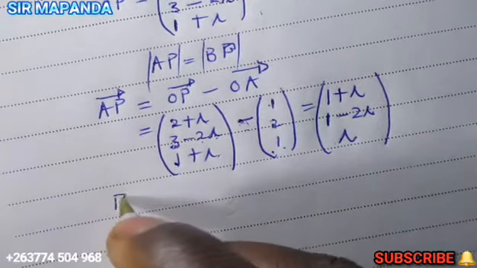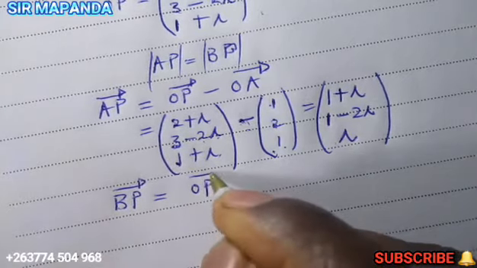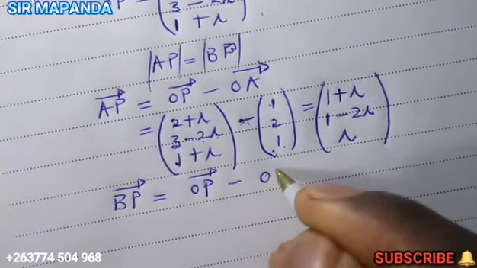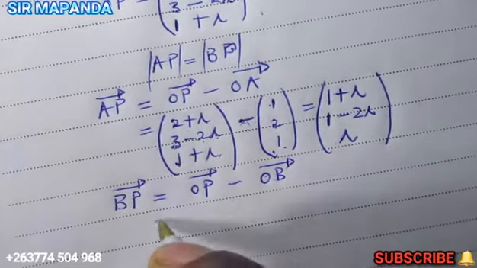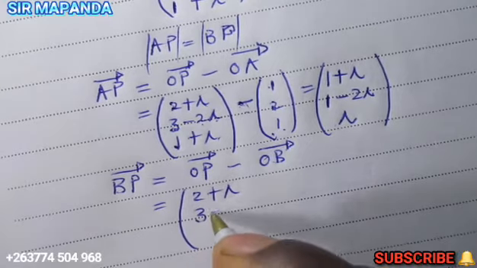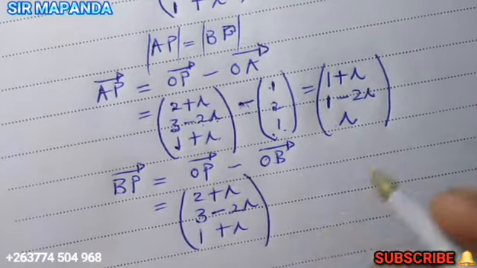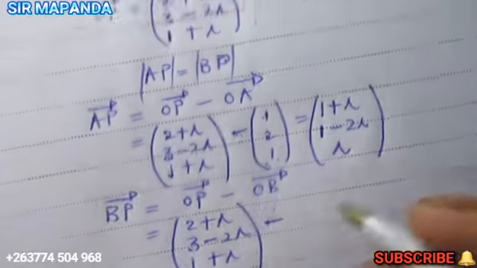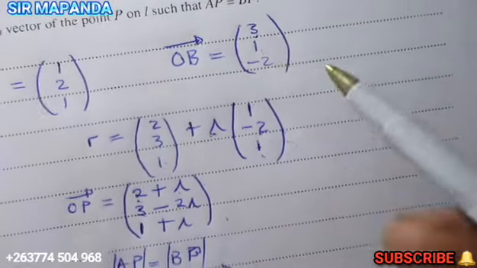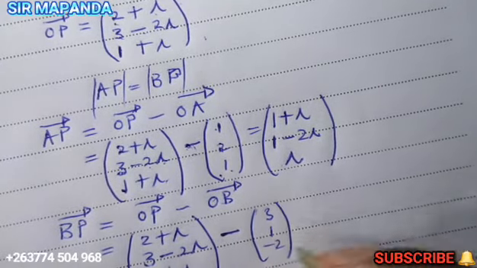Then you find BP. BP is equal to OP minus OB, right? So OP is (2 plus lambda, 3 minus 2 lambda, 1 plus lambda). Then OB is (3, 1, -2).